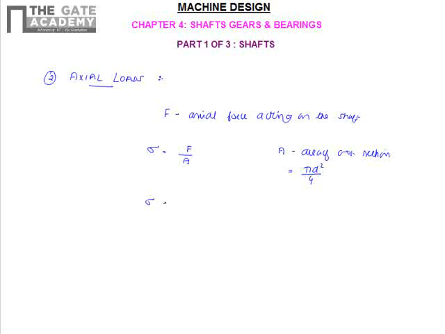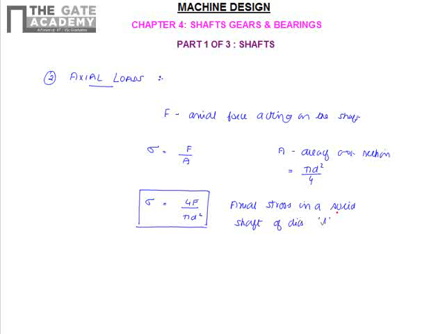So the normal stress will be given as 4F by pi d square. This is the axial stress in a solid shaft, the axial stress coming in a solid shaft of diameter d.